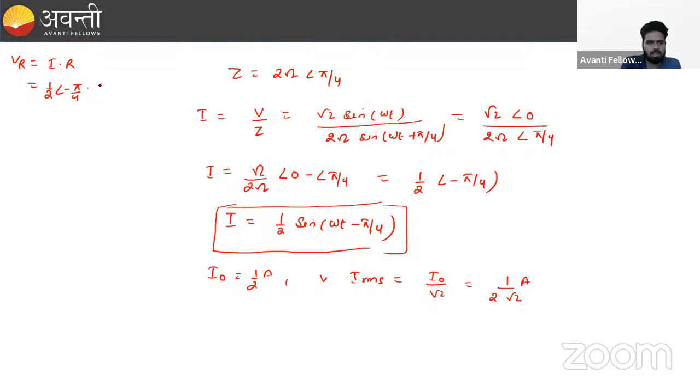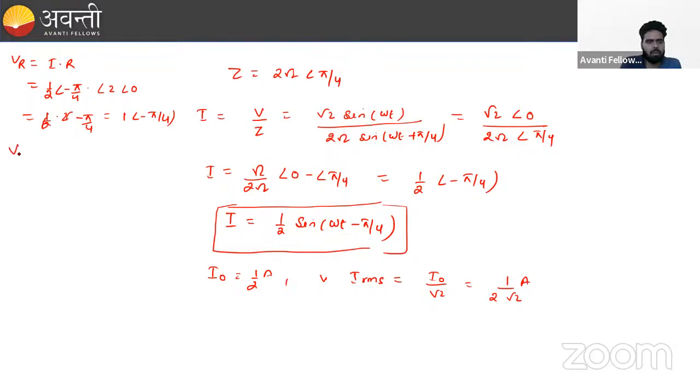What is the value of resistance given here? That is 2, right? And we know that the phase of resistance is 0 degree. We can say this can be written as 1 by 2 into 2 minus pi by 4, and this will become 1 minus pi by 4, right? Okay.